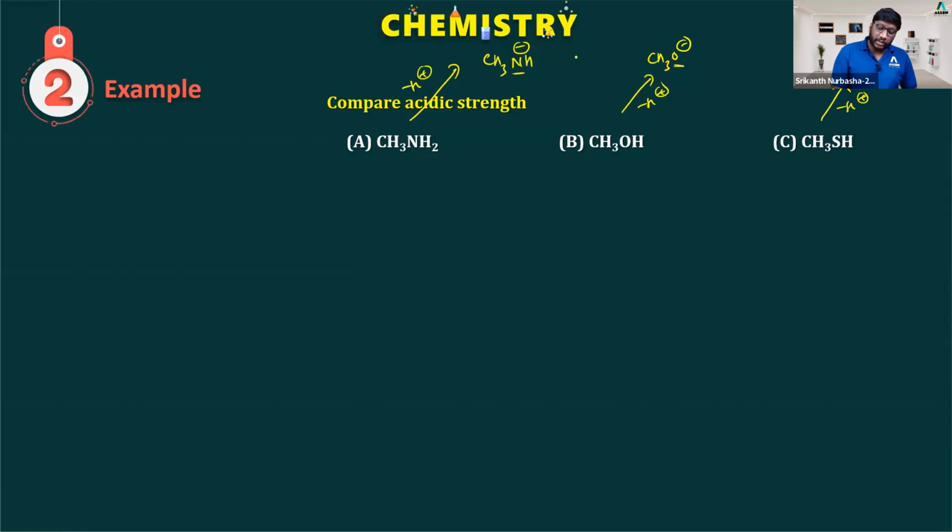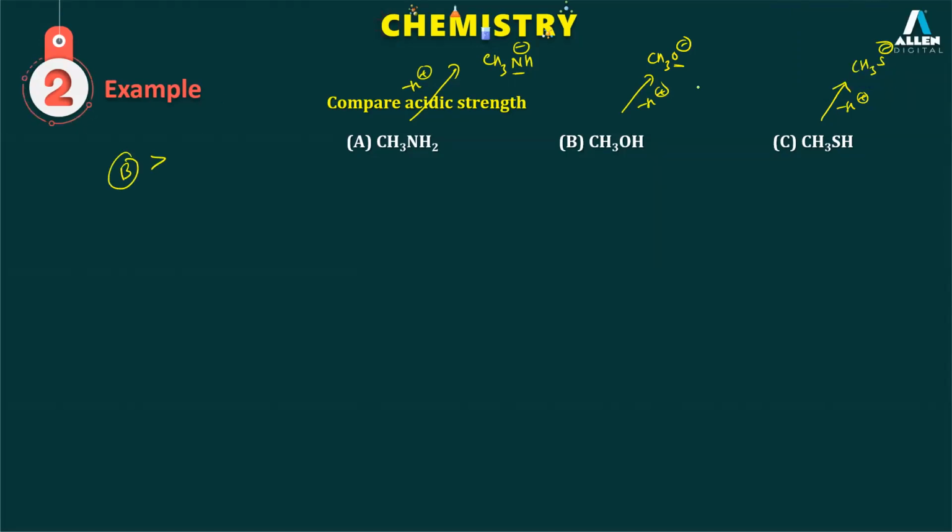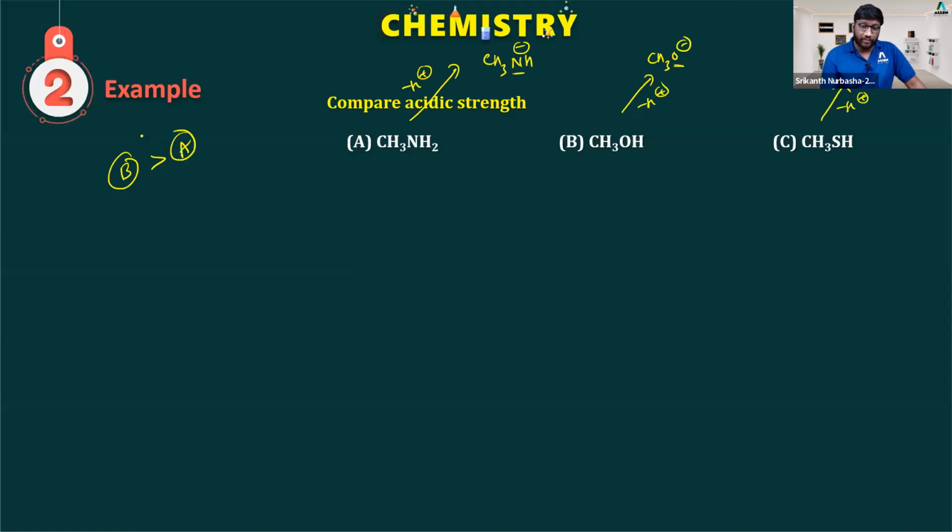Negative charge on the more electronegative atom is more stable. So B is more stable when compared to A. That means the conjugate base of B is more stable, so B is more acidic than A. So B is greater than A.